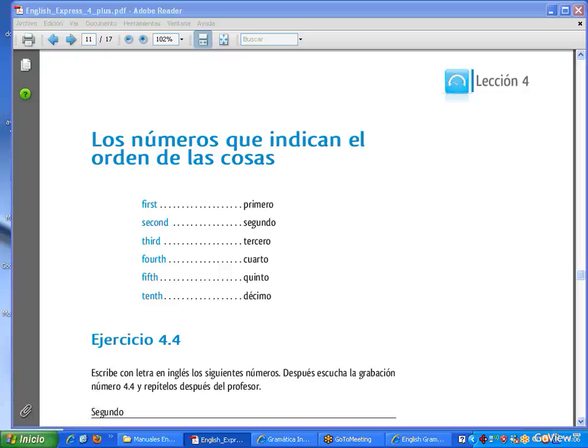Okay, so first, second, and third have a different structure.